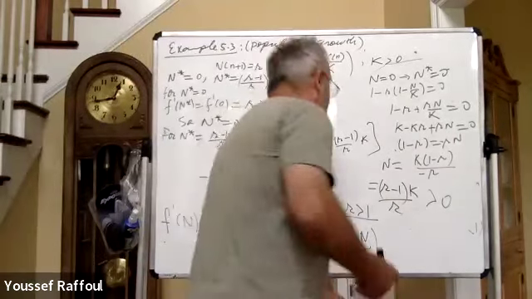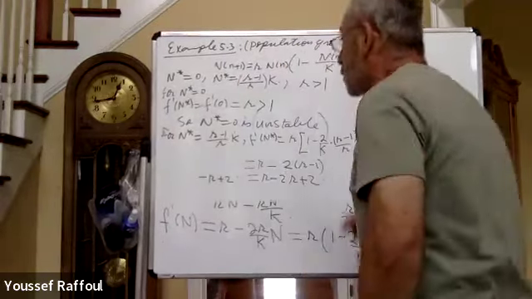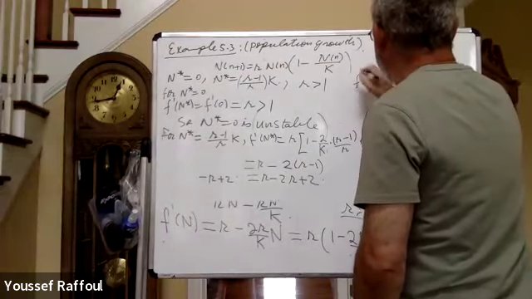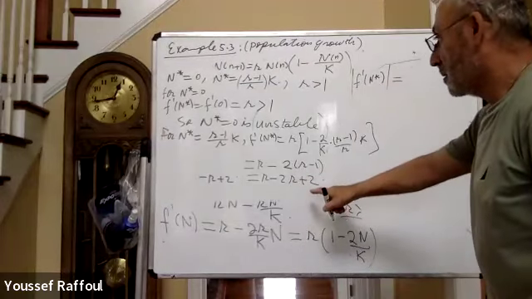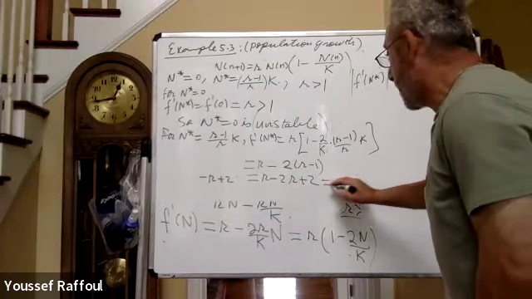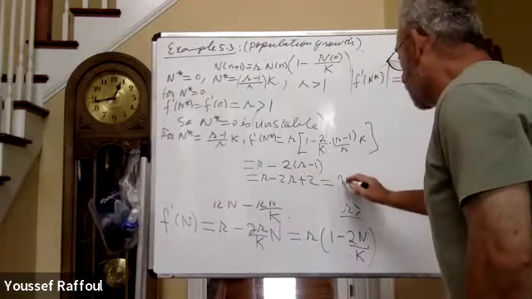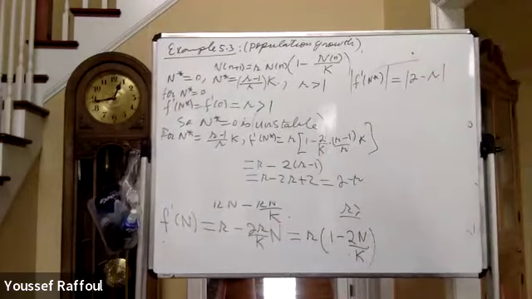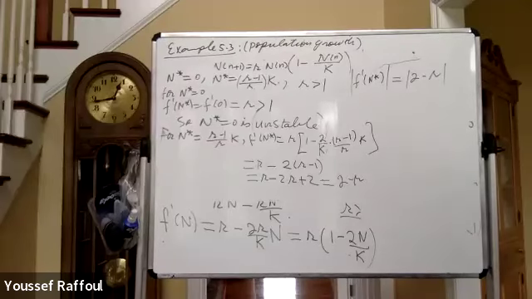Okay? All right. So let us study it carefully. So we need f prime of n star in absolute value. That is, let me put it here, that is 2 minus R. Now remember, R is between what and what?